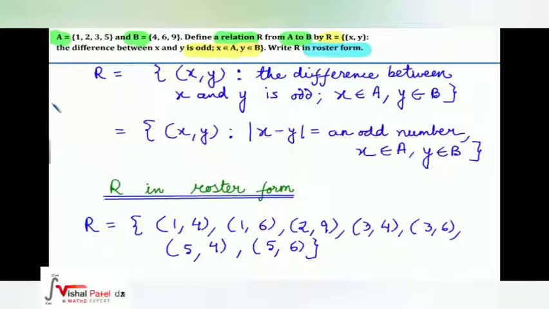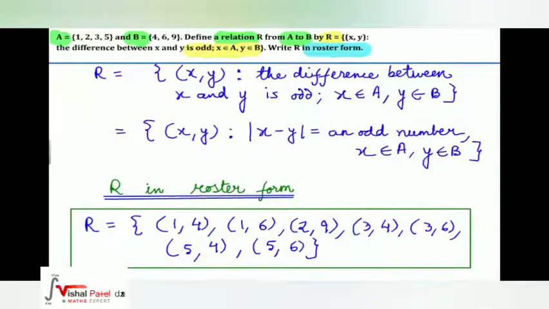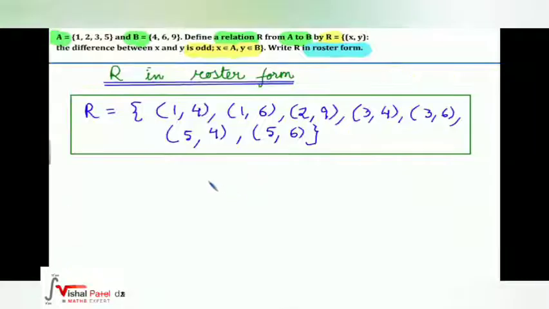So here relation in roster form is equal to 1 4, 1 6, 2 9, 3 4, 3 6, 5 4 and 5 6 are possible relations.